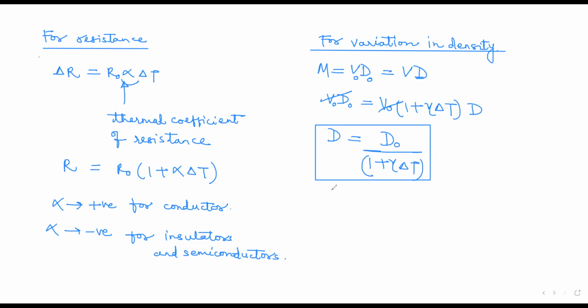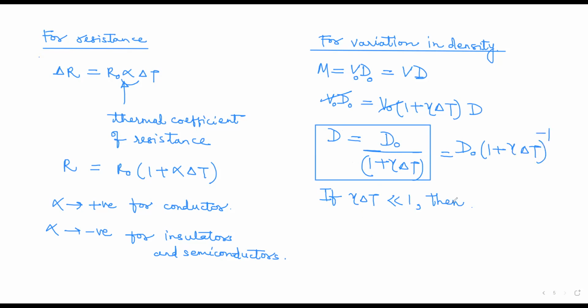right? So, please pay attention, if gamma delta T is very small as compared to 1, then you can write it as D naught times 1 plus gamma delta T to the power minus 1.